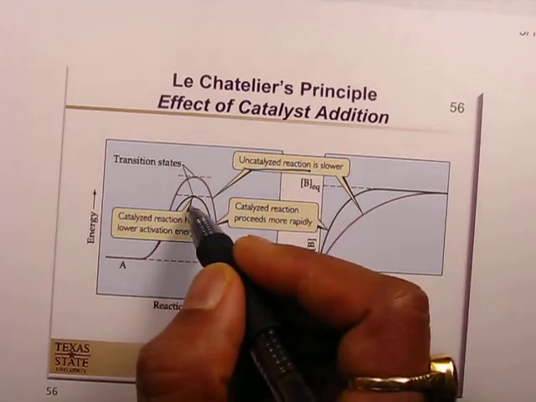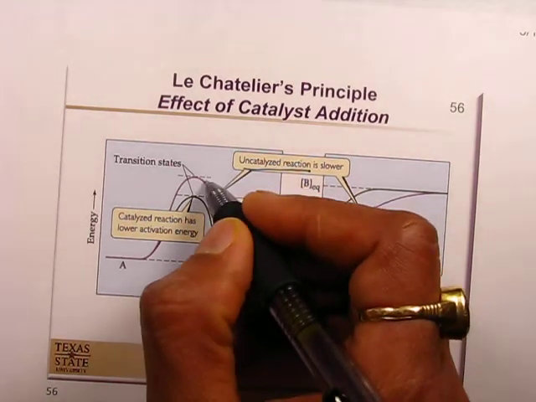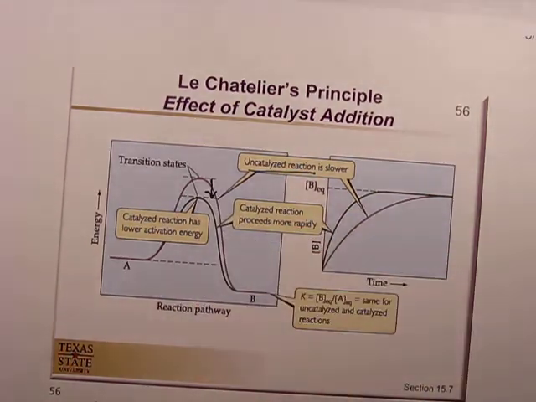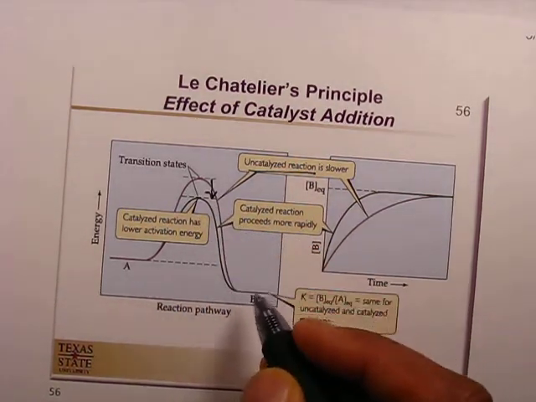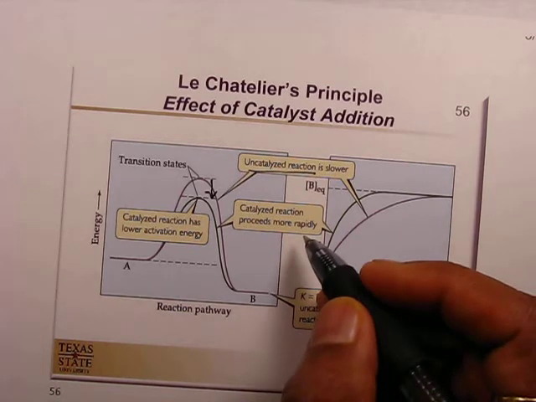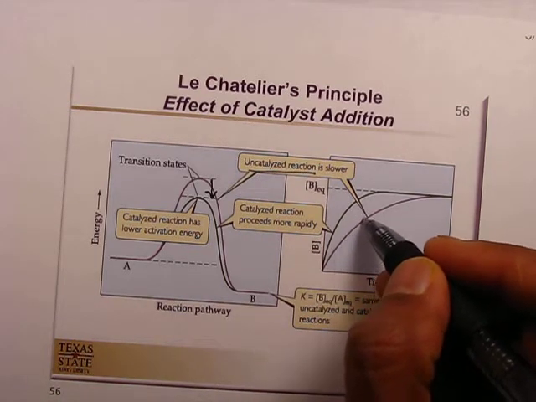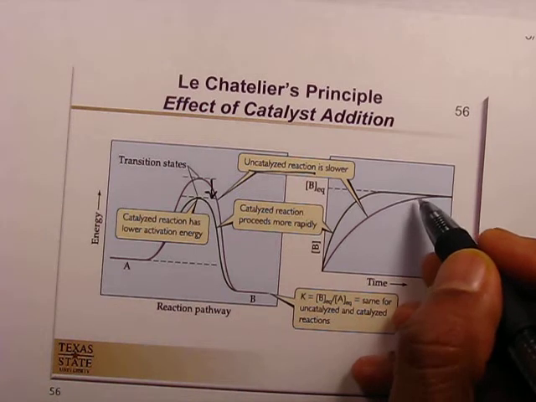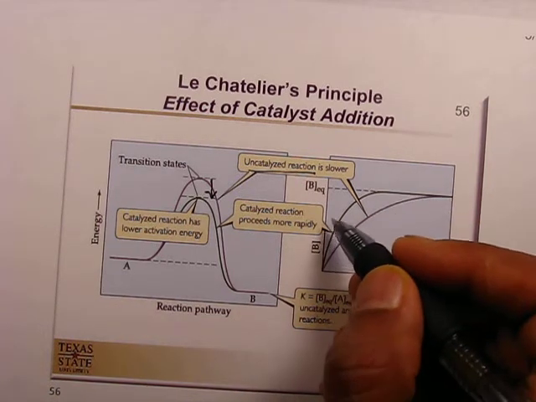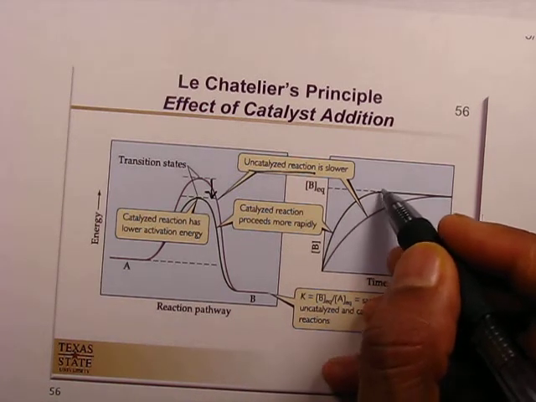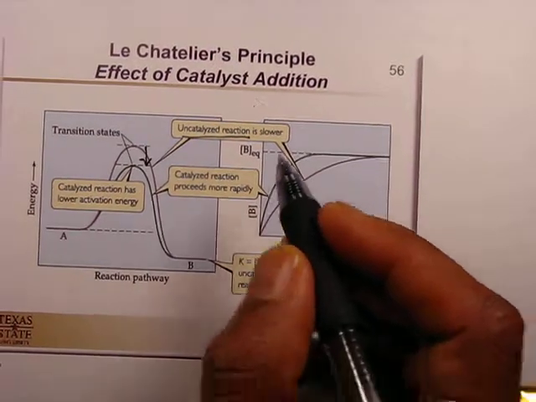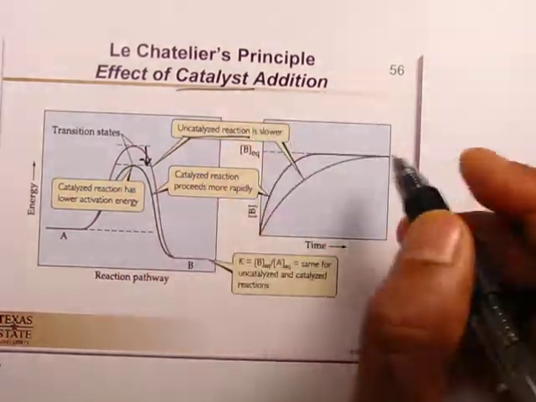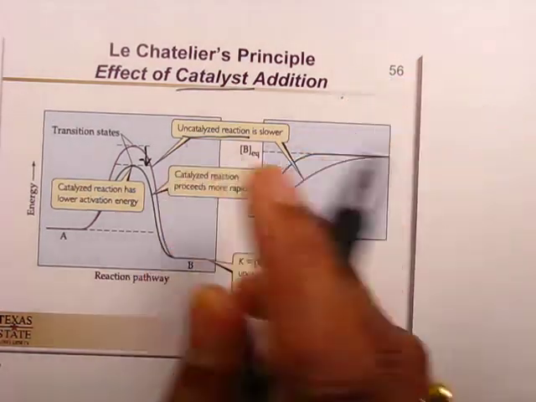If you add catalyst in the reaction, basically it decreases the activation energy and it increases the rate of the reaction, right? So here this shows the uncatalyzed reaction, and here is the catalyzed reaction. So basically addition of catalyst has no effect on equilibrium.